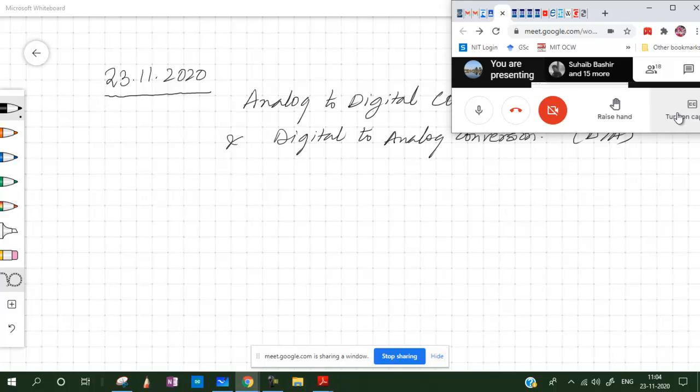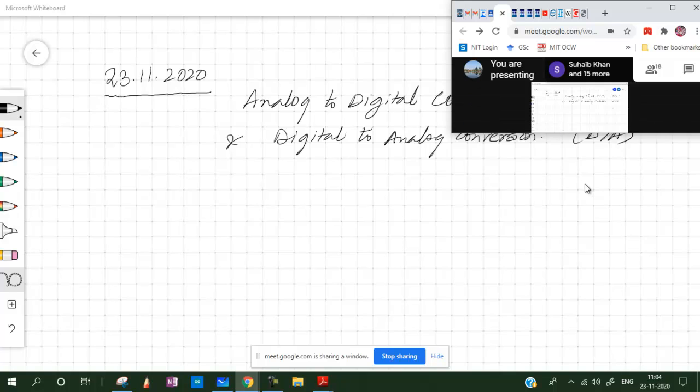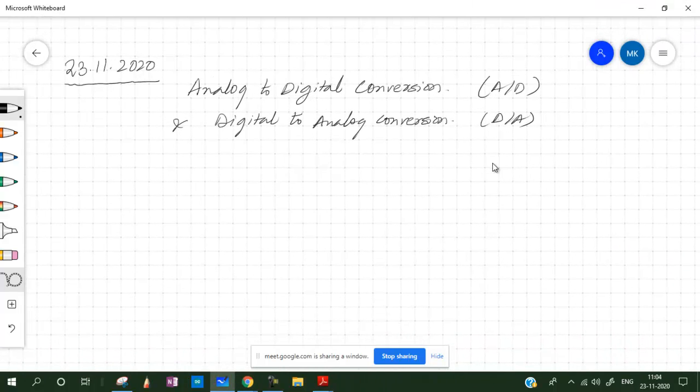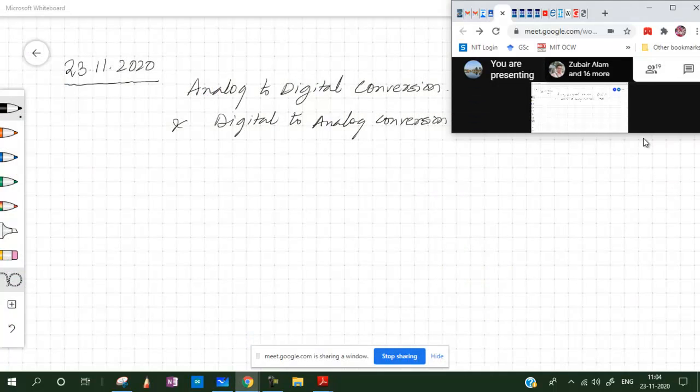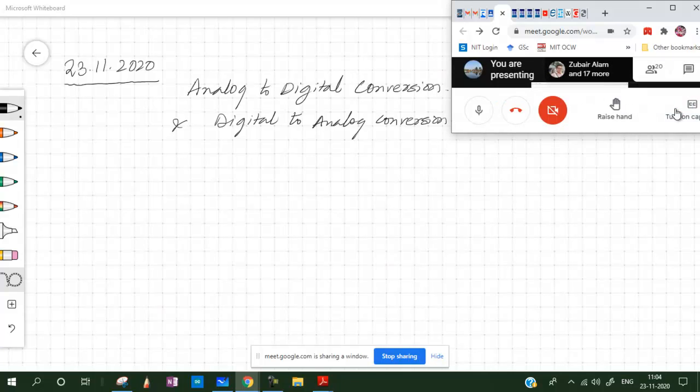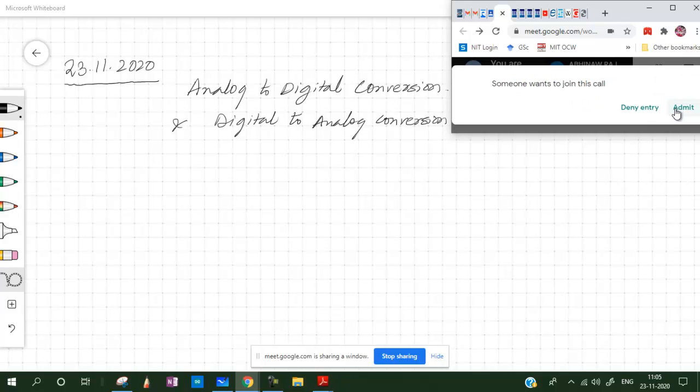As a mechanical engineer, we don't need to go deeper into it, but it's very important for us as students of mechatronics, measurement systems, or instrumentation systems to be aware of how these things are designed and what goes into them, rather than going deeper, because there is a huge resource available for analog to digital and digital to analog conversion, issues with analog to digital conversion and other things. But that's not the scope of this course, so we'll be restricting ourselves to the basics of analog to digital and digital to analog conversion.